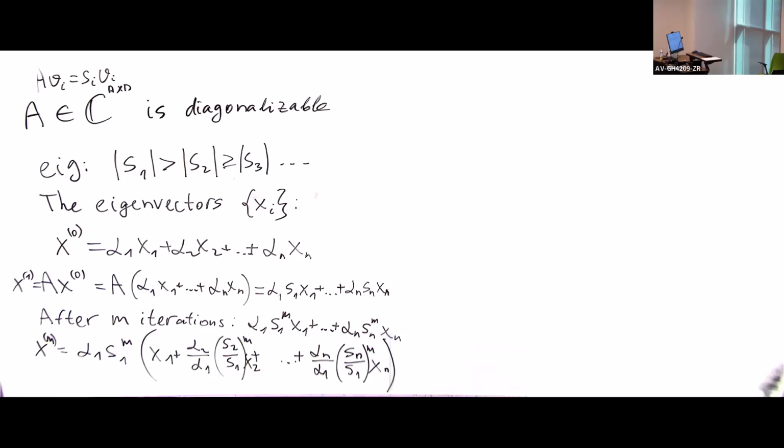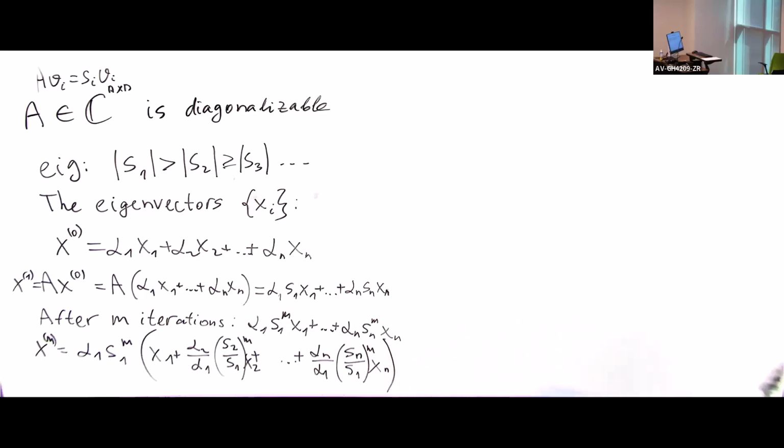But to the power of m, higher and higher powers of that 0 point something number, or minus 0 point something number, where will it go? It will go to 0. The limit of that thing is 0 regardless of the coefficient. For high enough m, it will approach 0 eventually. Same thing with all of the other terms, because they become even smaller, since you sorted them in descending order. Higher S indices mean smaller S magnitude, so this ratio becomes smaller, and to the power of m, even smaller.